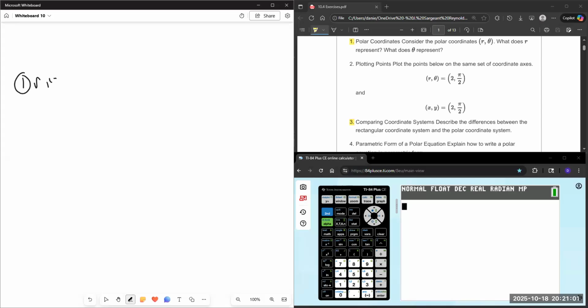R is the directed distance from the origin to the point on the plane.